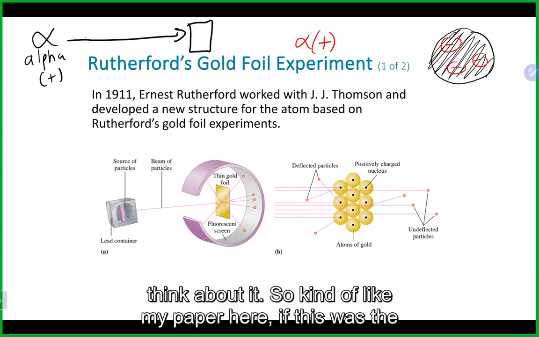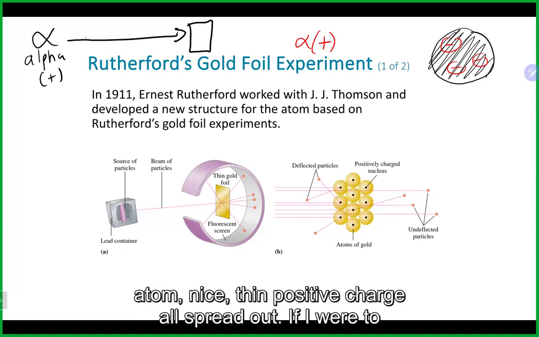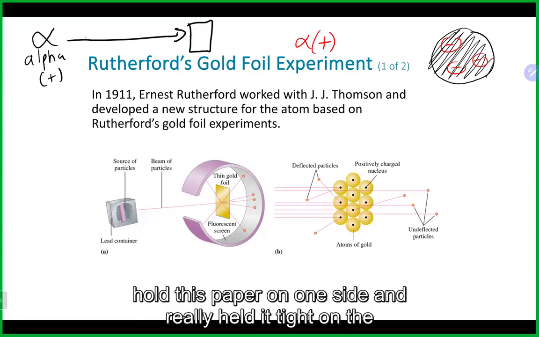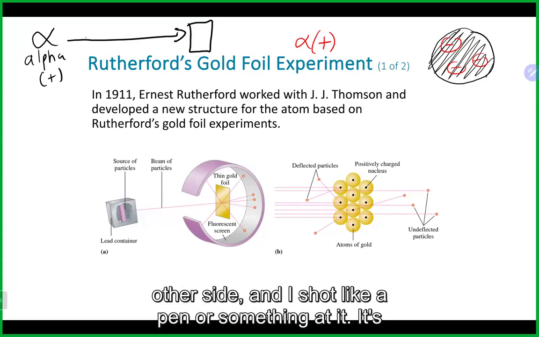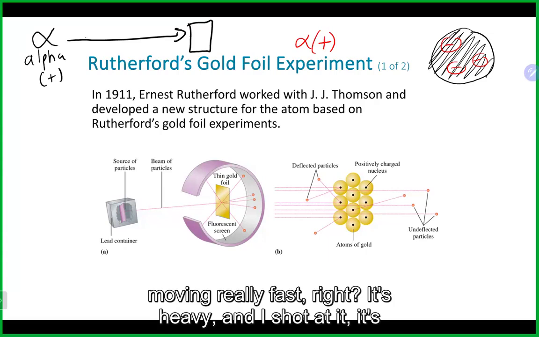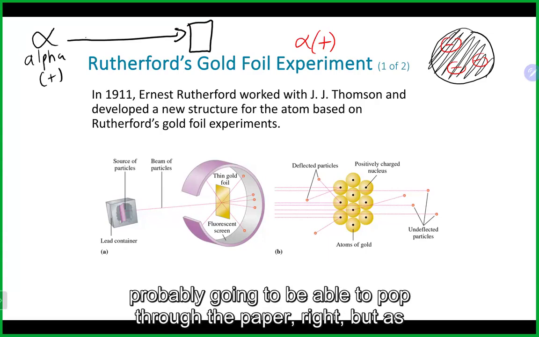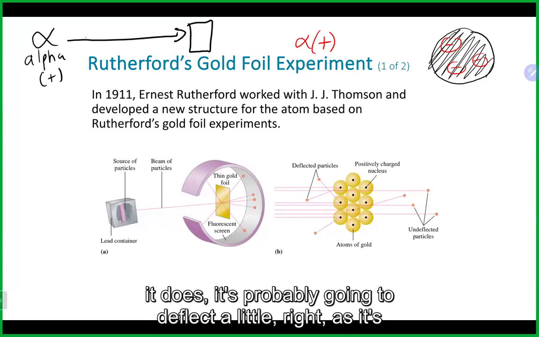Like my paper here, if this was the atom, a nice thin positive charge all spread out. If I held this paper tight on both sides and shot a pin at it, moving really fast and heavy, it's probably going to pop through the paper, but as it does, it's probably going to deflect a little.